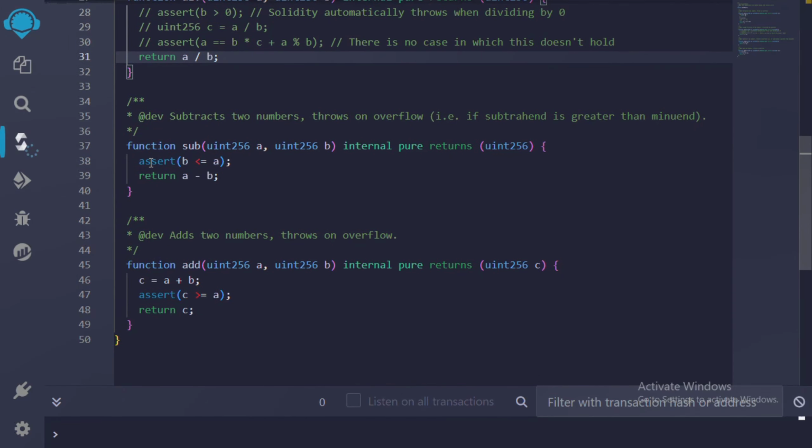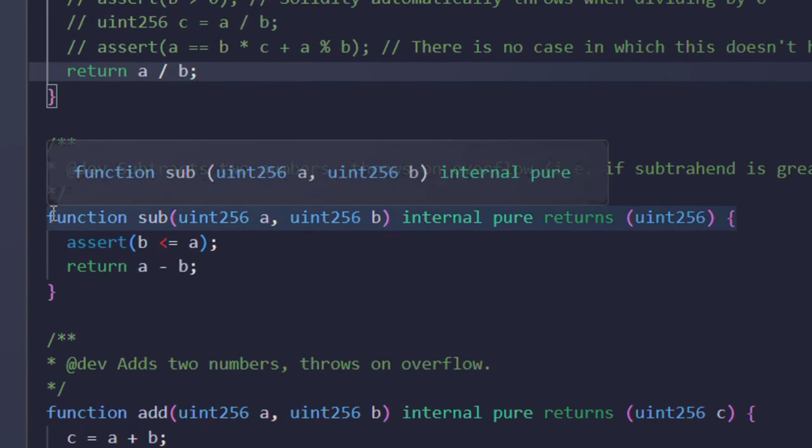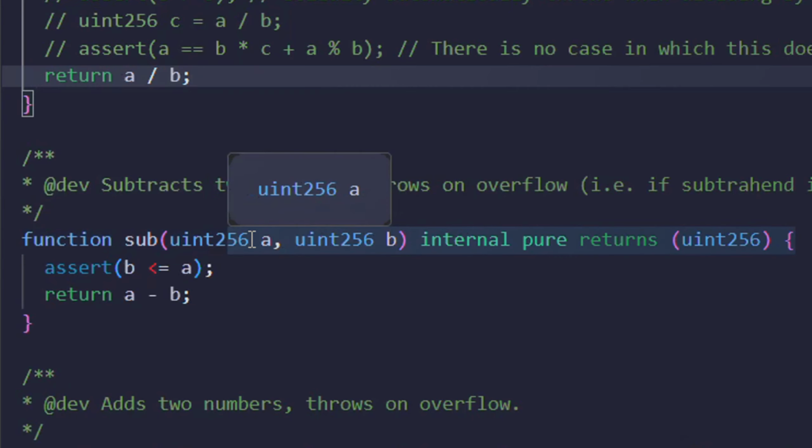So we'll see subtraction. We have a function subtraction. It takes in a, b, internal pure, then returns uint256.